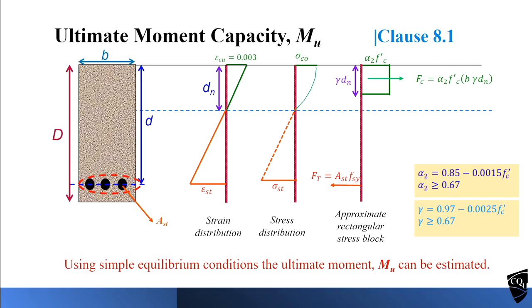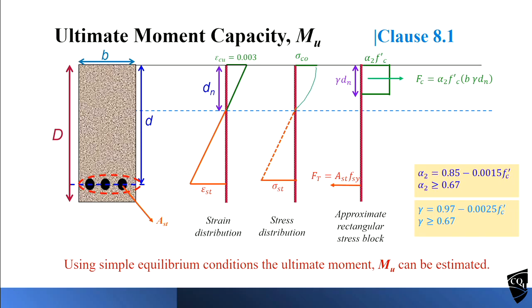So the depth of the neutral axis is marked as dn, which I don't know. Okay, so I know capital D, small d, b. The dimensions are known. I don't know how much Ast I need. The area of reinforcement I don't know. I need to calculate it.